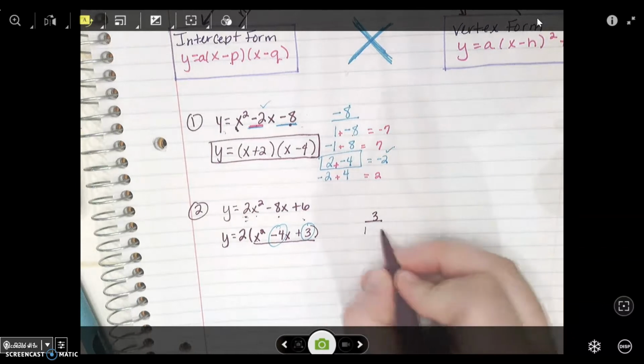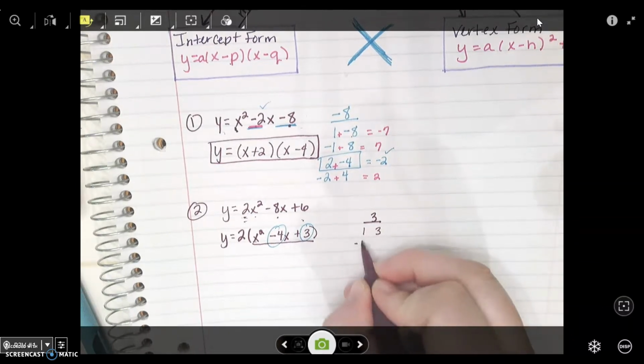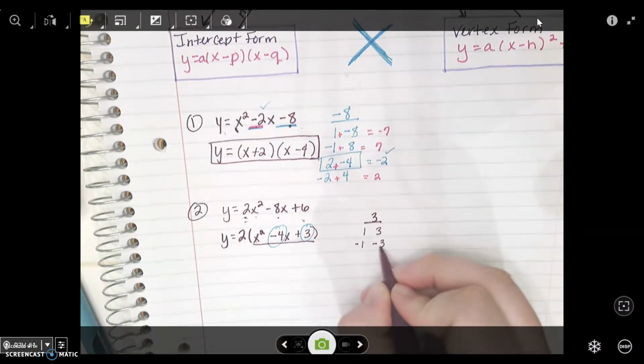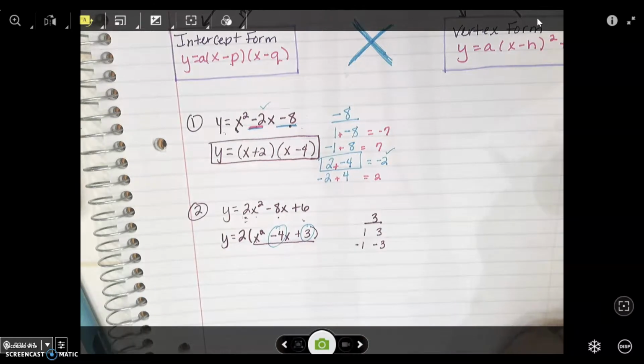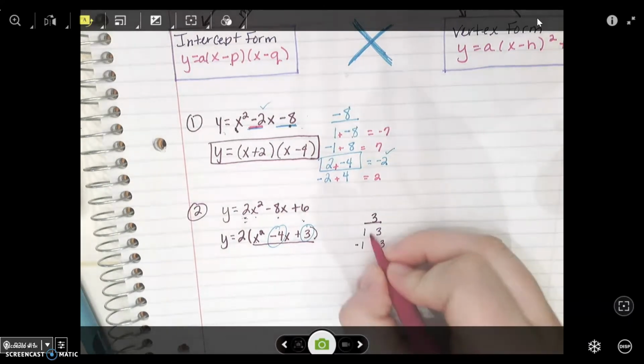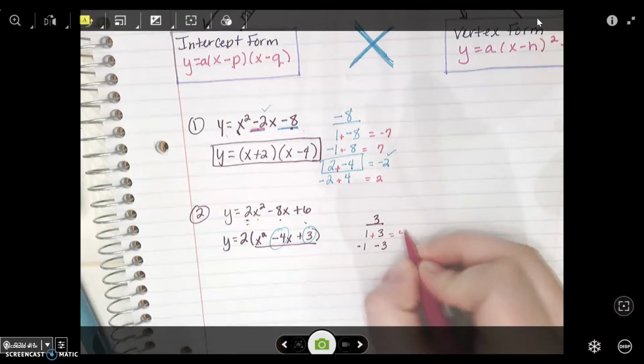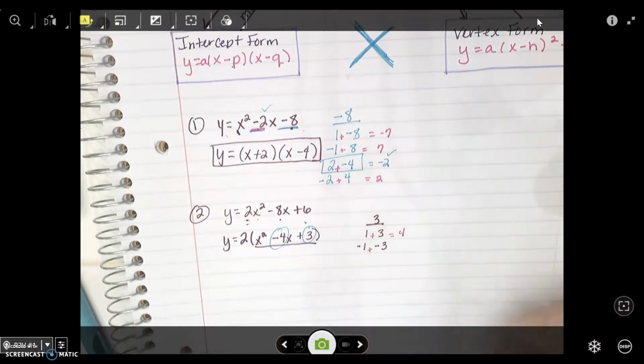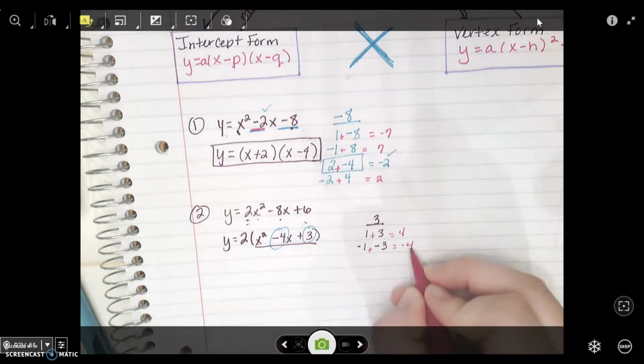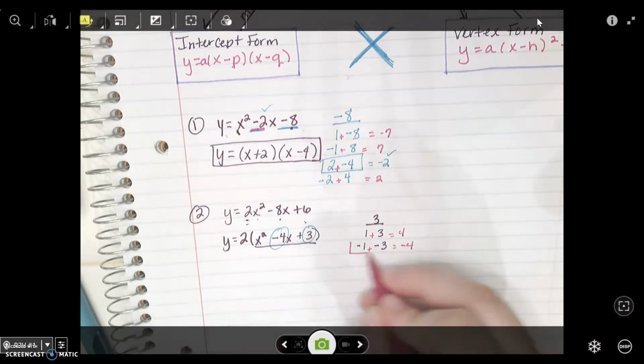Well, 1 and 3, negative 1 and negative 3 multiply to give you 3. Which ones add to give you a negative 4? Well, let's test that out. 1 plus 3 is a positive 4. Negative 1 plus negative 3, that's a negative 4. That is what you're looking for.